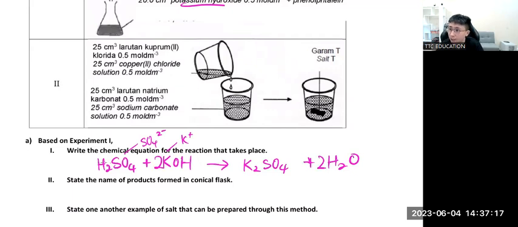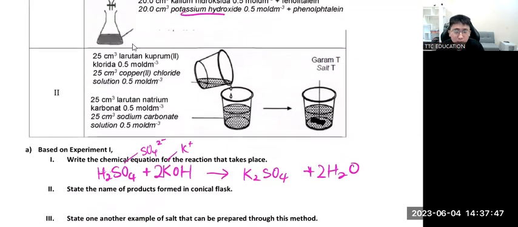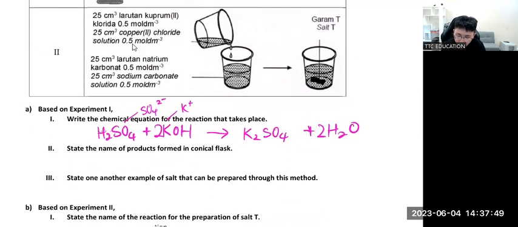Don't forget to balance the equation. Then, name the product formed in the conical flask. The conical flask contains the salt you produce, so we call this potassium sulfate solution and water.